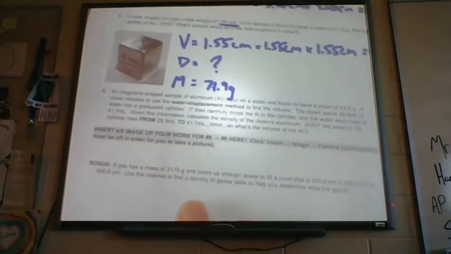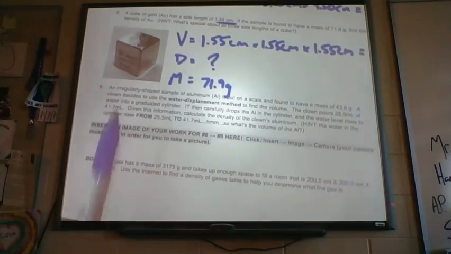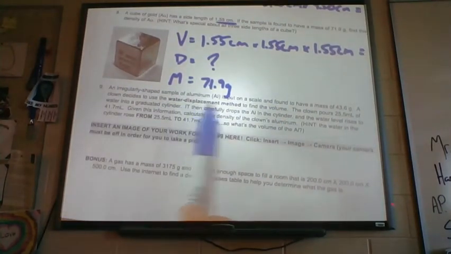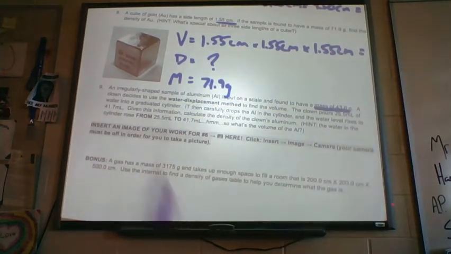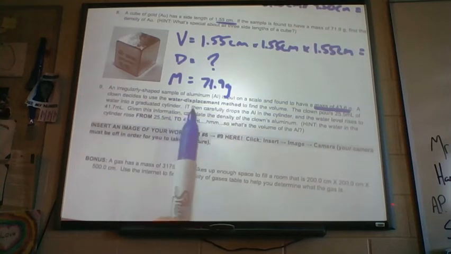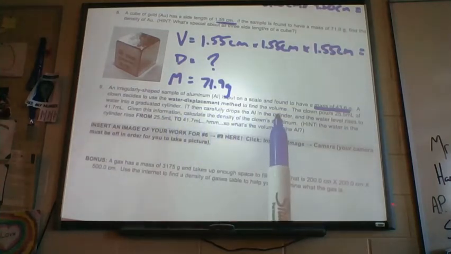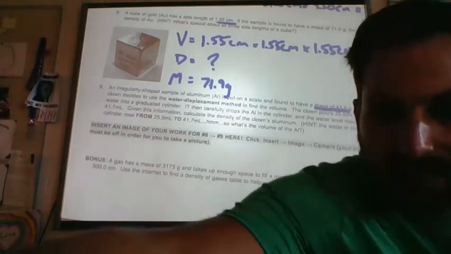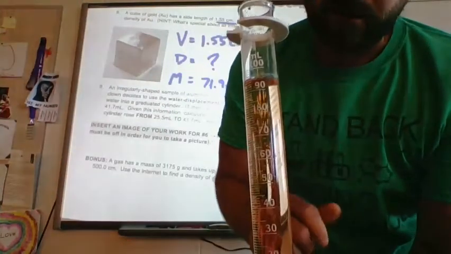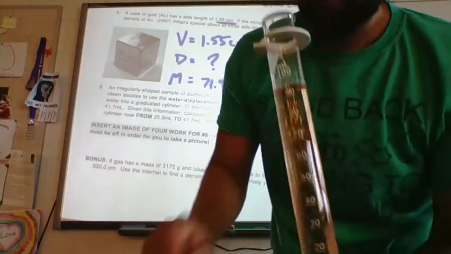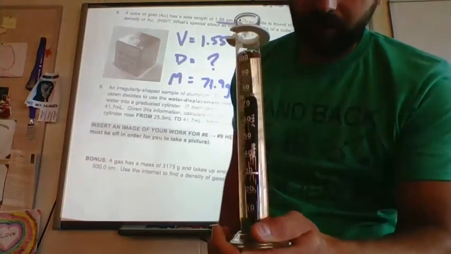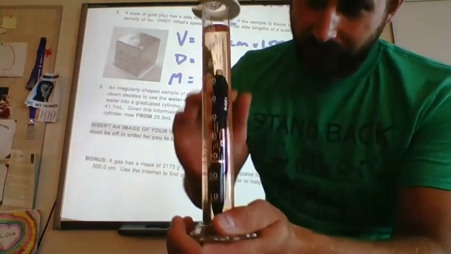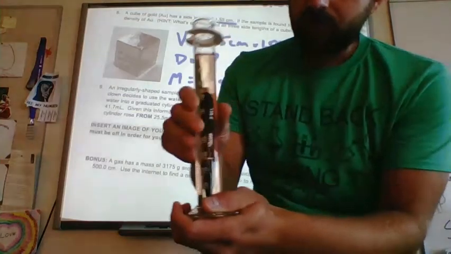Last thing then, number 9. Number 9 looks like a lot, but it's really not a lot. So you have some aluminum, you put it on the scale, so there's your mass. You go ahead and use the water displacement method to find the volume. So what that is, you take a graduated cylinder, you look at the volume, you drop your irregular object in there, like this pen or whatever it is, and the volume is going to go up, right?